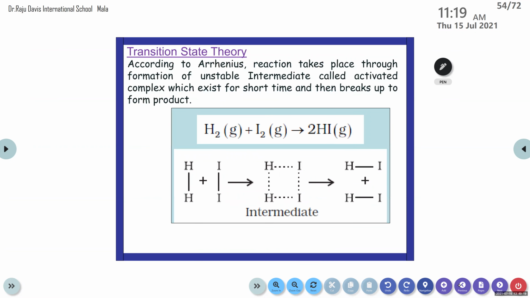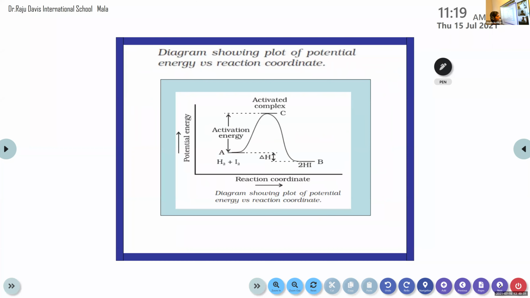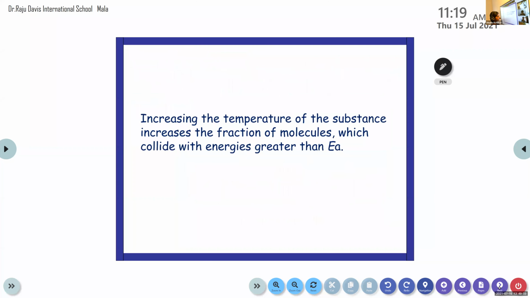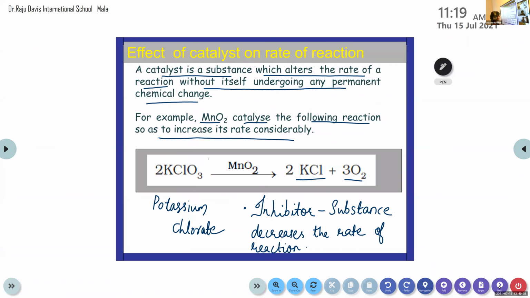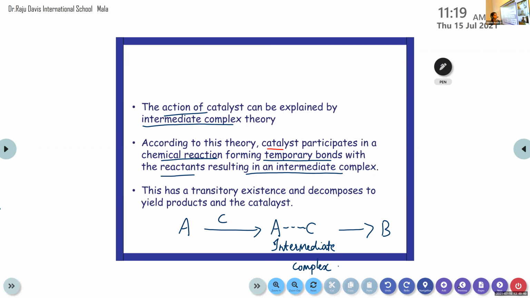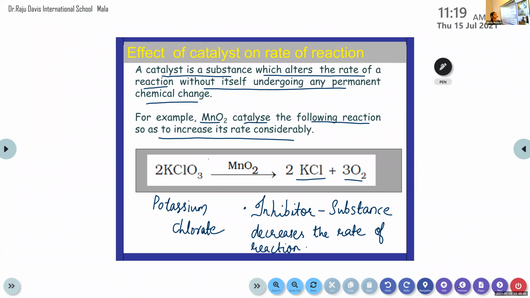Here, H2 and I2 react together and an intermediate is formed. That means temporary bonds are formed between these two, right? Similarly, here a temporary bond is formed between the reactant and catalyst. It's an intermediate state. That means it exists for a very short time and it's an unstable state. It is finally converted to product.